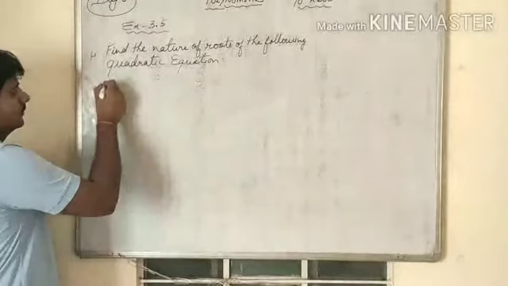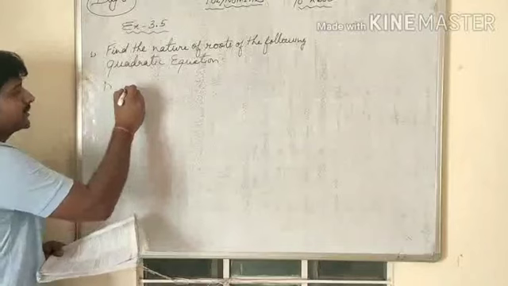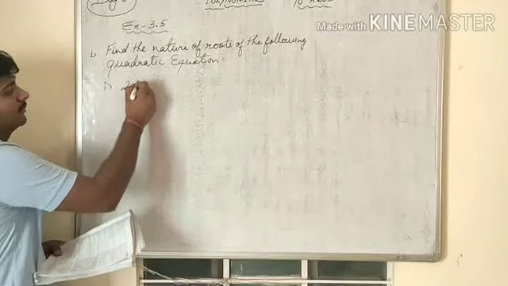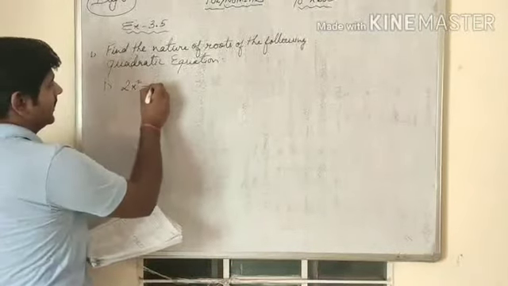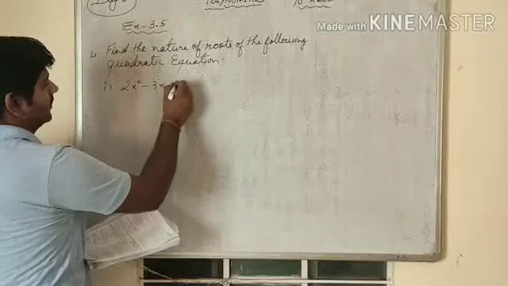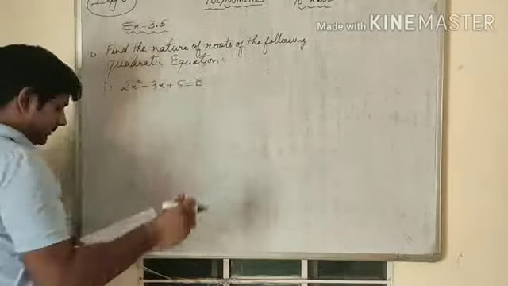First part: 2x square minus 3x plus 5 equals 0.